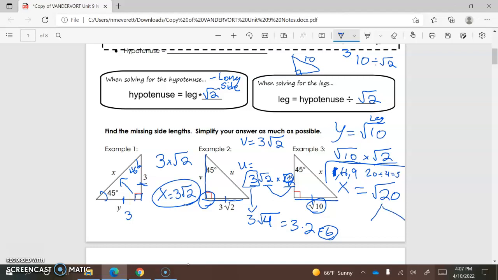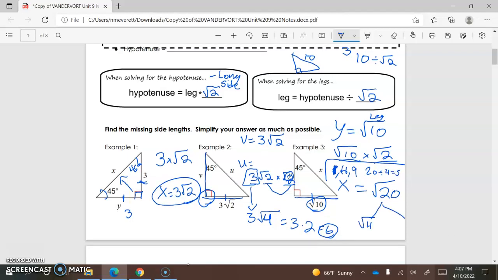And remember, this is how we simplify square roots. Square root of 4 times the square root of 5. We split it apart. And the square root of 4 turns into 2, and then the square root of 5 stays the same. So we just keep it as 2 square root of 5. So that's going to be the hypotenuse there. So again, this is the leg, this is this part here, this is the x part right there.